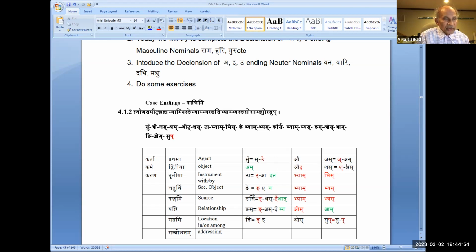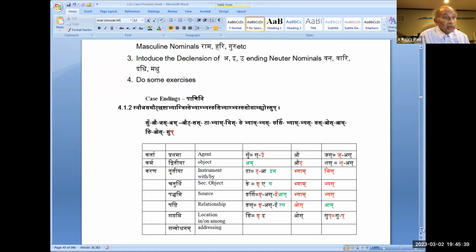But remember, these as's are different. Then ta is a, bhyam, bhis, ne is the ye, and the bhyam, bhyas, nasi is us, and nas is also us, and os, am, ni is kavarga nasal and e, this is e, os, and sup, pa goes away, it is su. These things you have to, as we go through, we will keep deriving them.